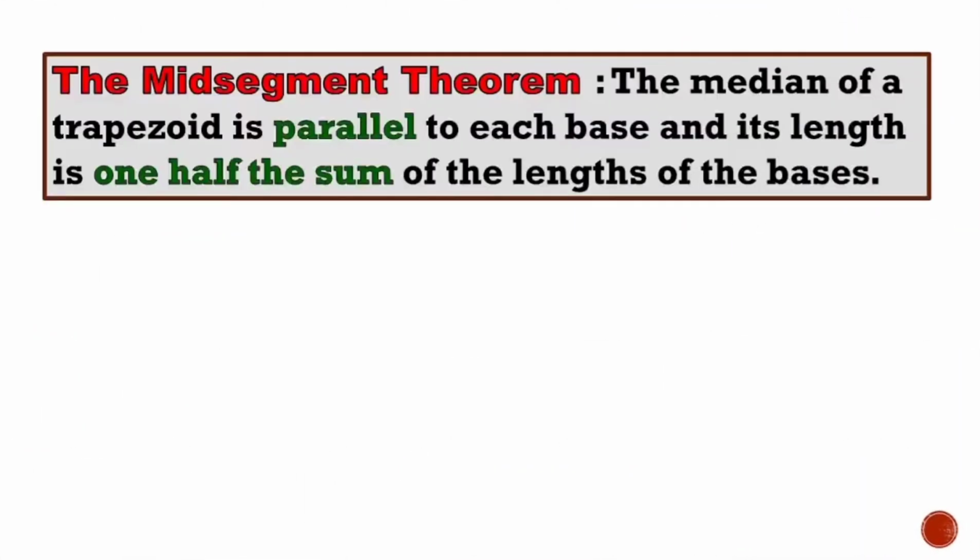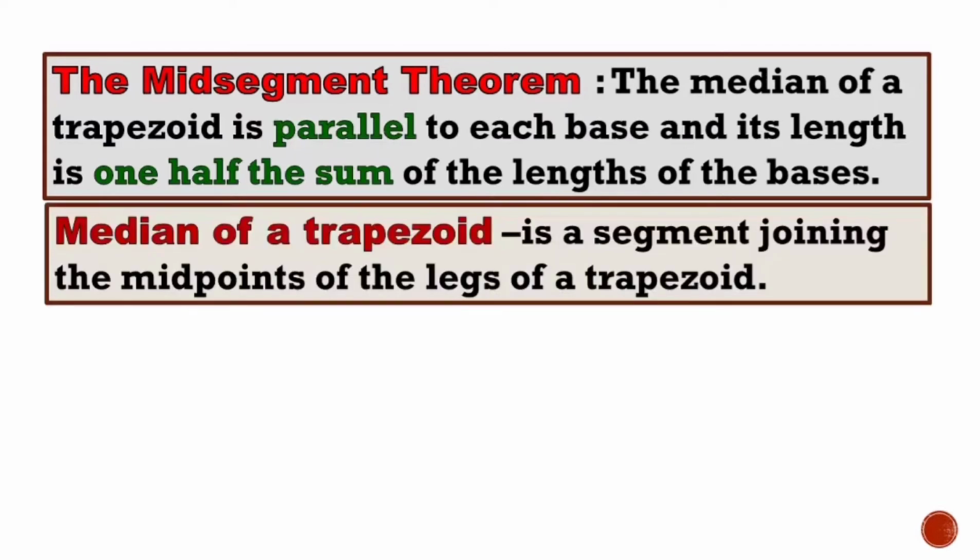Let us now prove one of the most important theorems involving trapezoid, the Midsegment Theorem. This theorem states that the median of a trapezoid is parallel to each base and its length is 1/2 the sum of the lengths of the bases. So when we say median of a trapezoid, it is a segment joining the midpoints of the legs of a trapezoid.